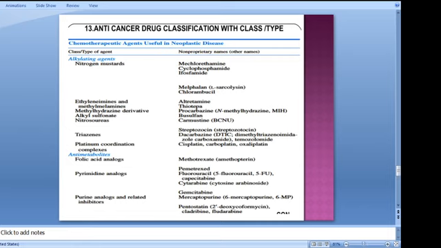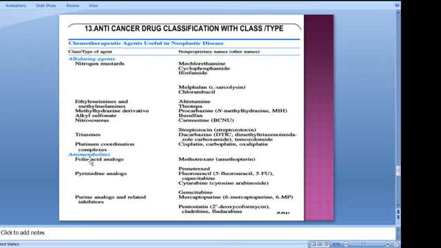Okay, now we can go to the basic classification by type, starting with alkylating agents. Alkylating agents include nitrogen mustards, for example mechlorethamine, cyclophosphamide, ifosfamide, melphalan, and chlorambucil. Then the ethyleneimine and methylamine derivatives, alkyl sulfonates like busulfan, nitrosoureas like carmustine, and triazines, streptozocin.